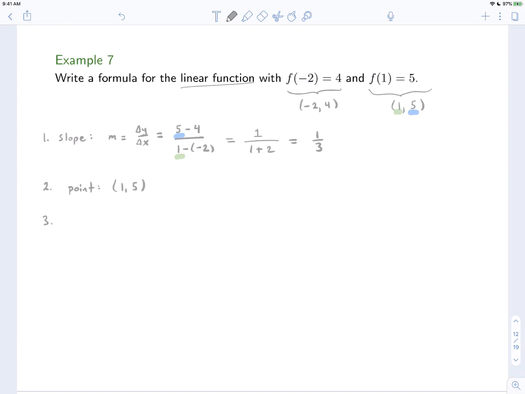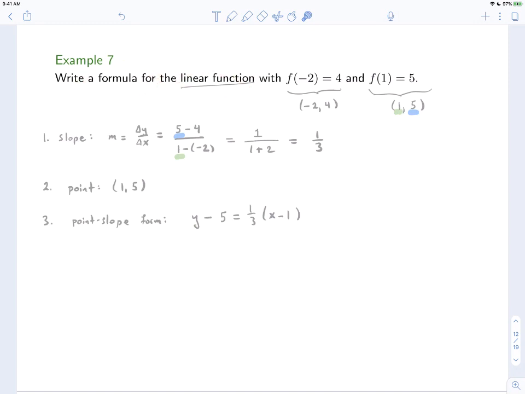Okay, so now we want to write the equation of the line in point-slope form. So that's y minus the y-coordinate, which is 5, equals the slope times x minus the x-coordinate, like so. Now this is the equation of the line in point-slope form. We're actually not trying to find the equation for the line, we're trying to find a formula for the function.